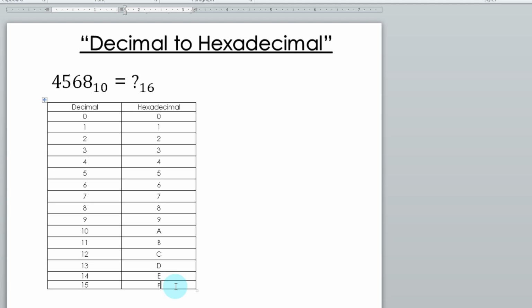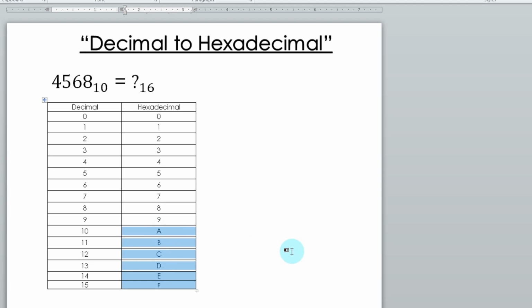15 becomes F. So this is an important matter that you need to remember when you want to convert a decimal into hexadecimal, because later on this will be of use when we are converting.